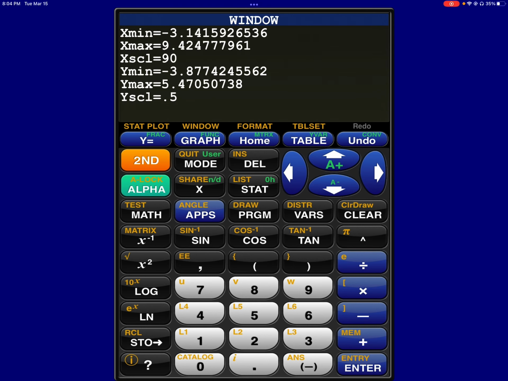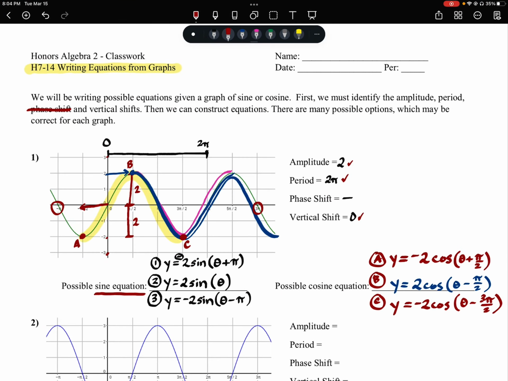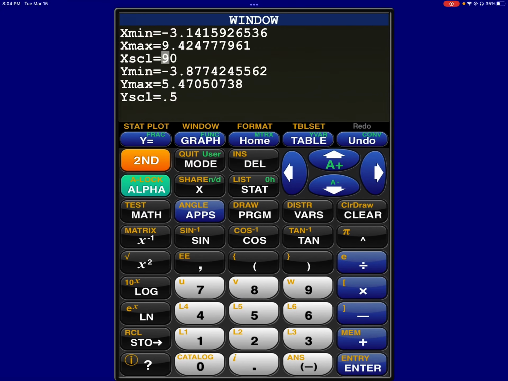Our scale, I don't know what the scale is going by. I didn't look at that. It looks like pi over 2's. So we're going to do pi divided by 2. It's like 90 degrees, but we're in radians. And then we can do -2 to +2, and the y scale doesn't really matter.